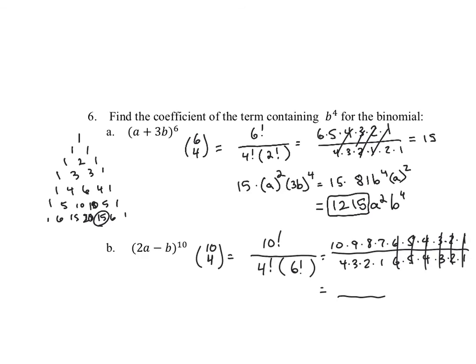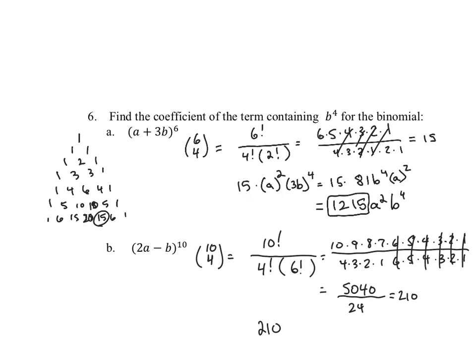So we have 10 times 9 times 8 times 7, which is 5,040, divided by 4 times 3 times 2. 4 times 3 is 12. 12 times 2 is 24. So that's going to give us 210.